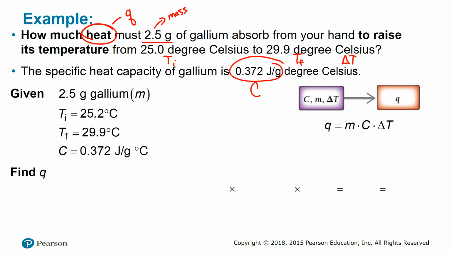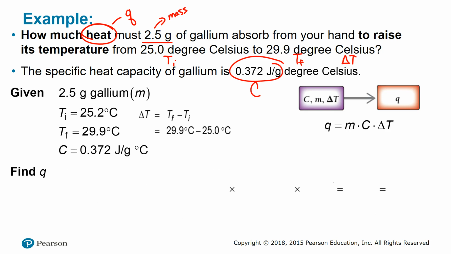I didn't solve it out, but if I wanted to set up to solve for delta T, I have my TF, which is 29.9 degrees Celsius, minus 25.0. If I put my M in there, that's my 2.5 grams.